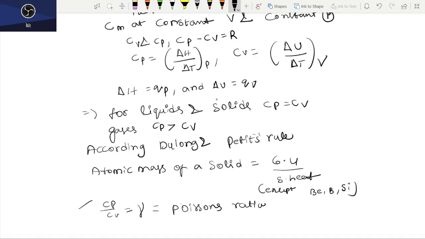The lambda value depends upon the atomicity of a particular gas or molecule, the number of atoms present in it, the degrees of freedom, as well as rotational energy and translational energy in the case of diatomic and polyatomic molecules.